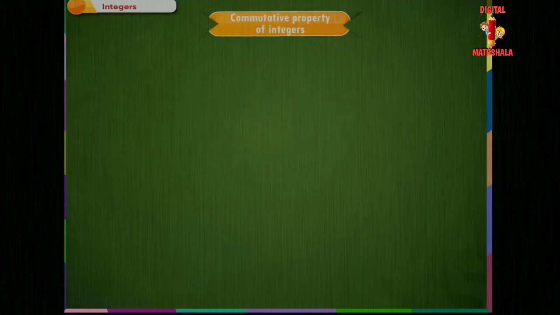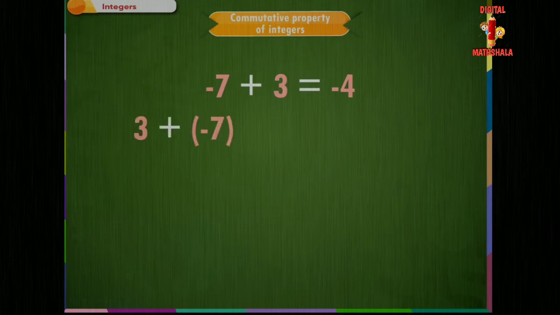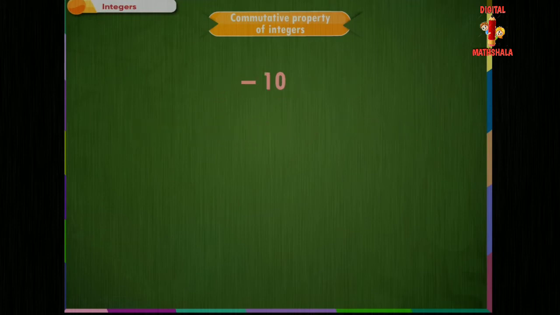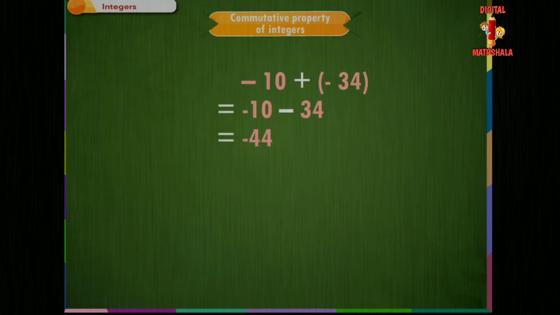Let us understand if commutative property holds true for integers. For example, a) minus 7 plus 3 is equal to minus 4. After interchanging the addends, we get the same sum. 3 plus minus 7 is equal to 3 minus 7 is equal to minus 4. b) minus 10 plus minus 34 is equal to minus 10 minus 34 is equal to minus 44.